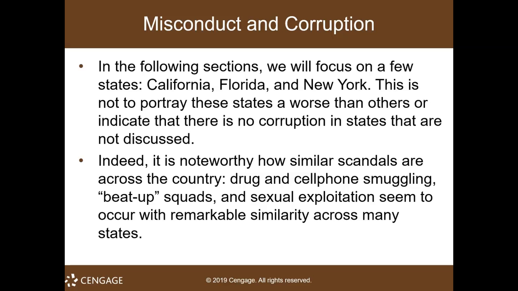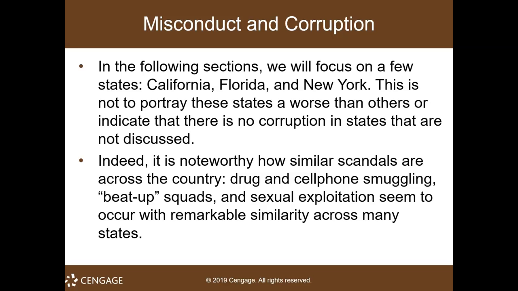So although there really is no research that supports this premise, a reading of a wide range of news reports, both current and historical, of corruption in corrections basically indicates that corruption tends to occur in patterns.